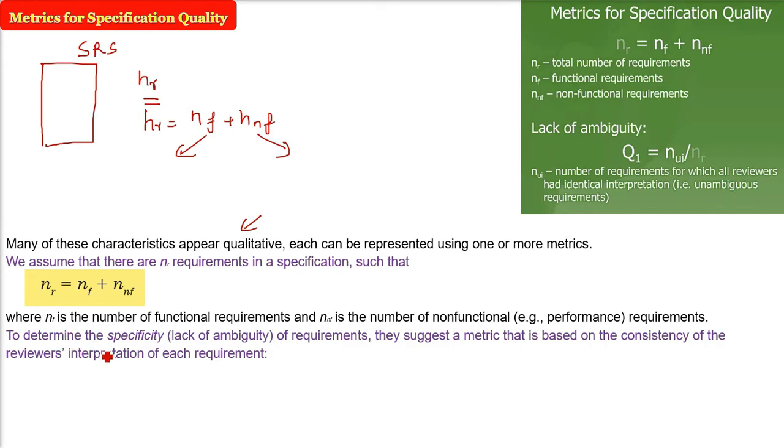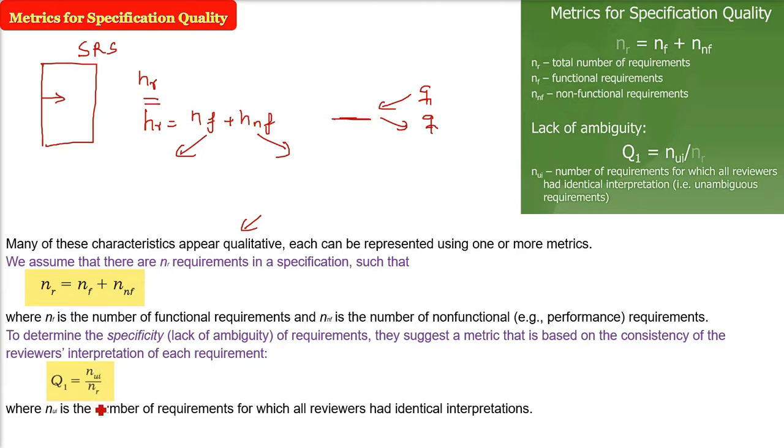Now this is a value, but in order to find out the specificity of an SRS, two people may understand the same requirement in different ways. They may interpret the same requirement in different ways. This may be possible. So how do we go about it? We have another metric, which is NUI by NR. NUI is the number of requirements for which all reviewers have identical interpretation.